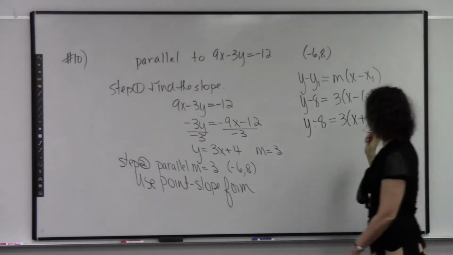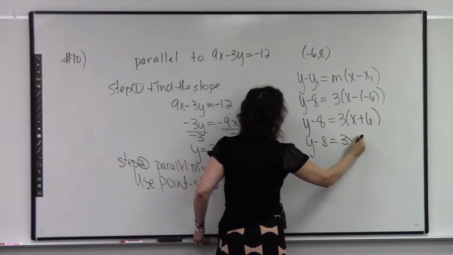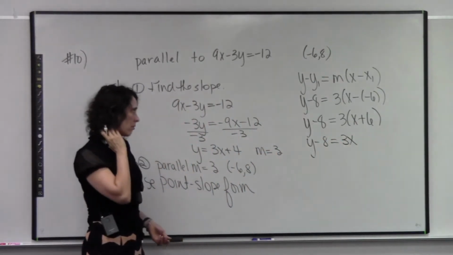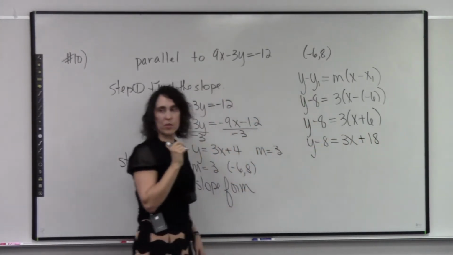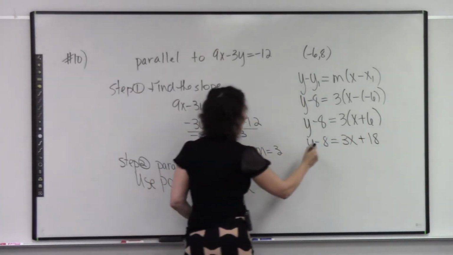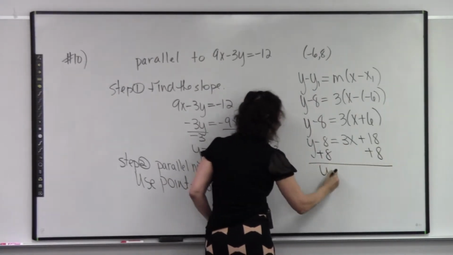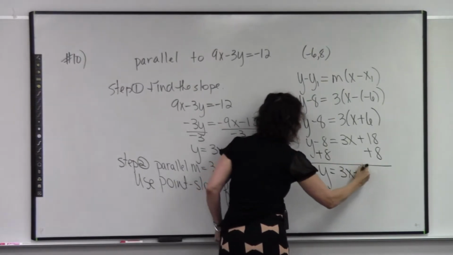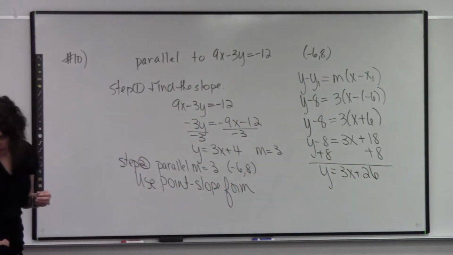What's going to happen when we distribute the 3? We're going to have 3x plus 18. We're almost there. What else do we need to do? Add the 8. So y equals 3x plus 26, which is which choice?